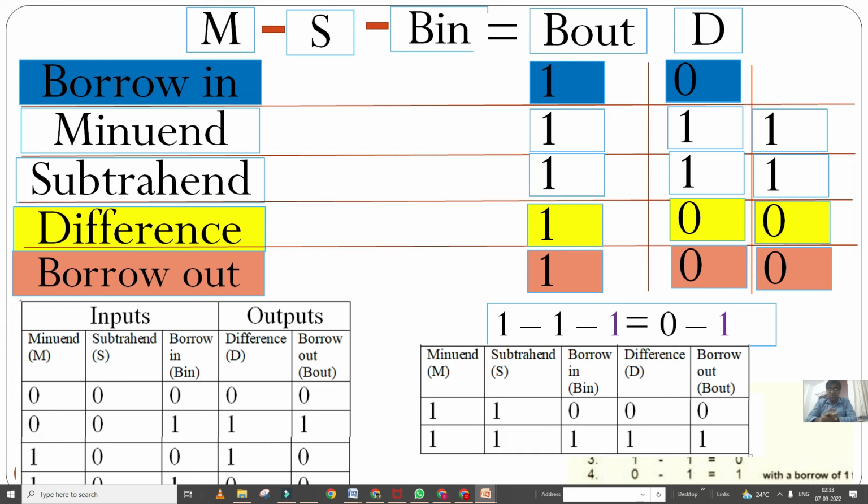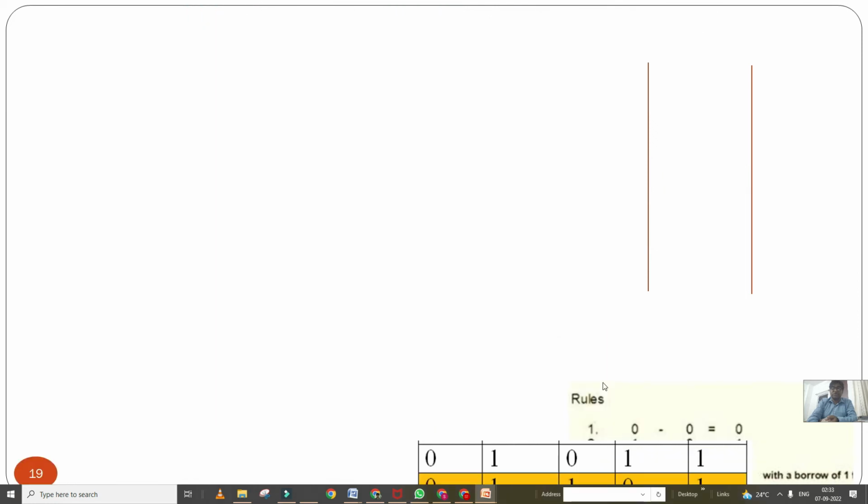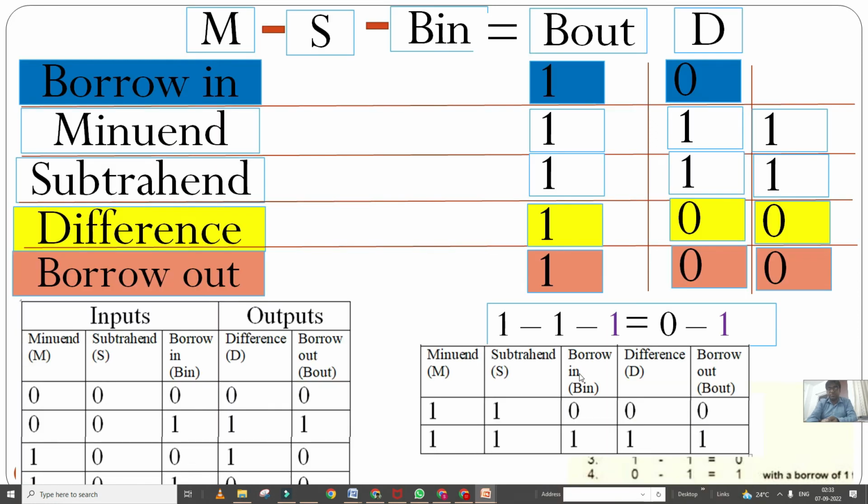1 1 1 1 1. So minuend is 1, subtrahend is 1, borrow is 1, and the difference also 1.